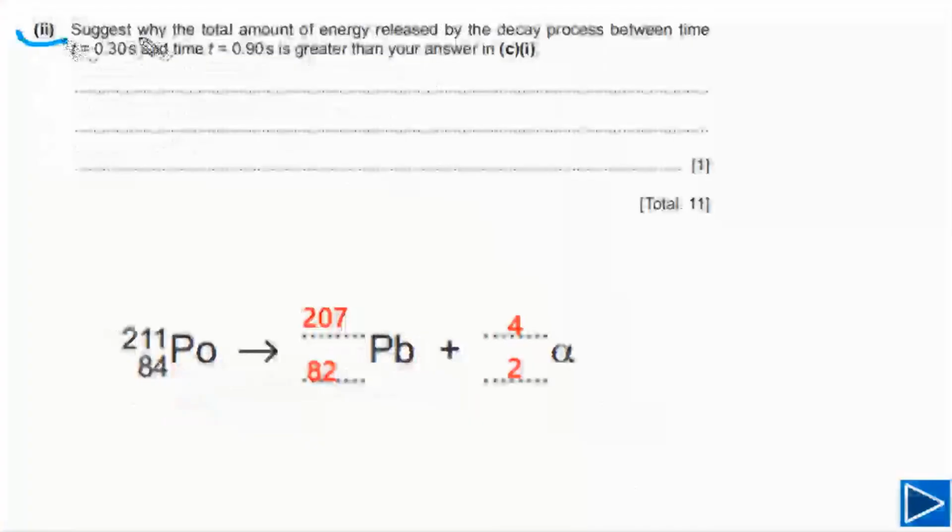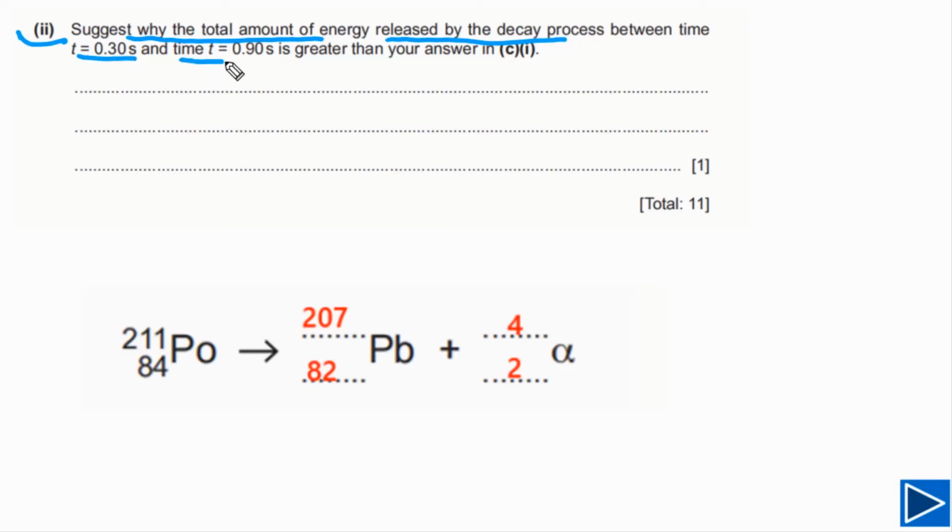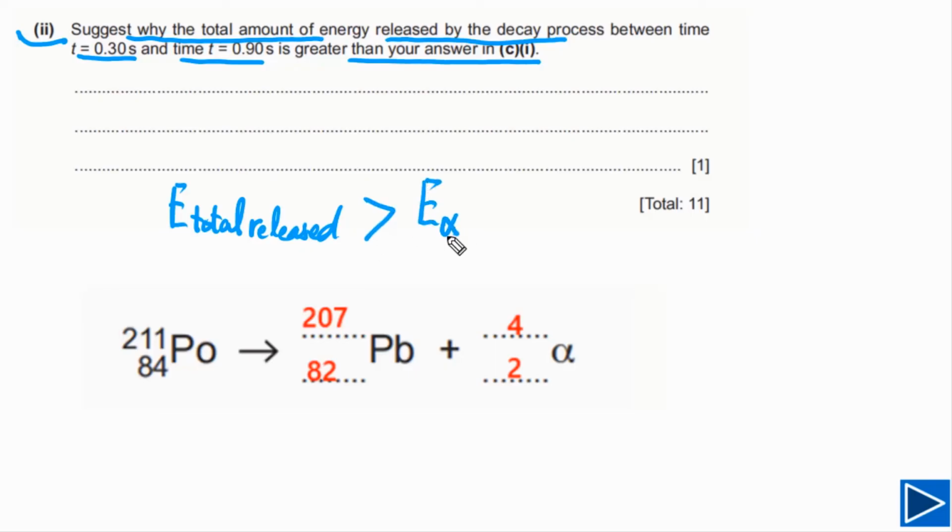For the second part, we need to suggest why the total amount of energy released by the decay process between t equal to 0.3 second and t equal to 0.9 second is greater than the answer in C1. So it simply means that the total amount of energy released, E total released, is greater than the energy of alpha particles. So we need to explain where the extra energy has gone.